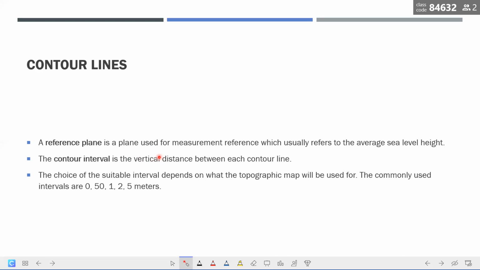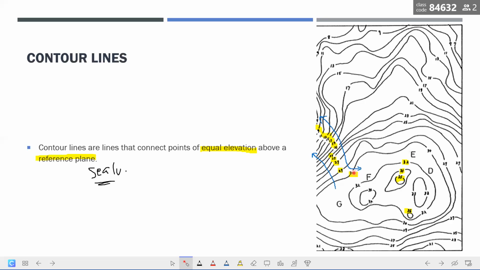If we go back to this slide here, for example, you can see that the contour intervals could be 1 or 2, I don't know, feet or meters.